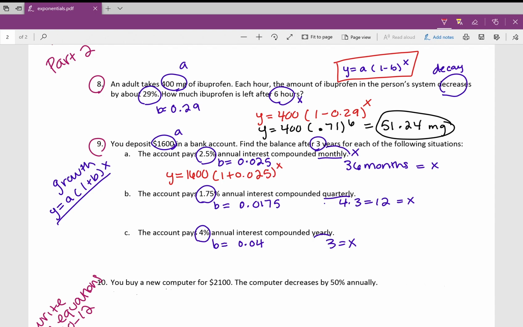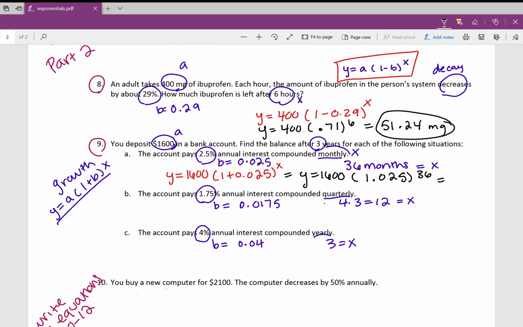And if we were solving this, it would be y equals 1600 times 1.025 to the power of 36.